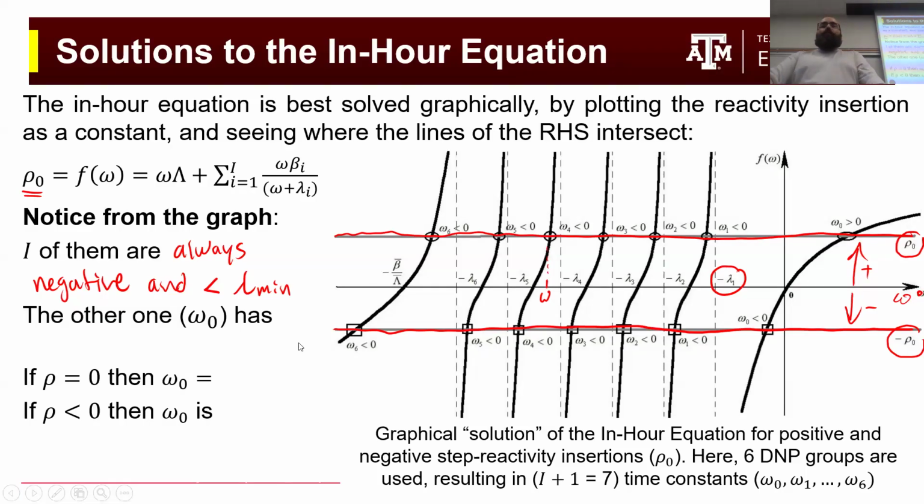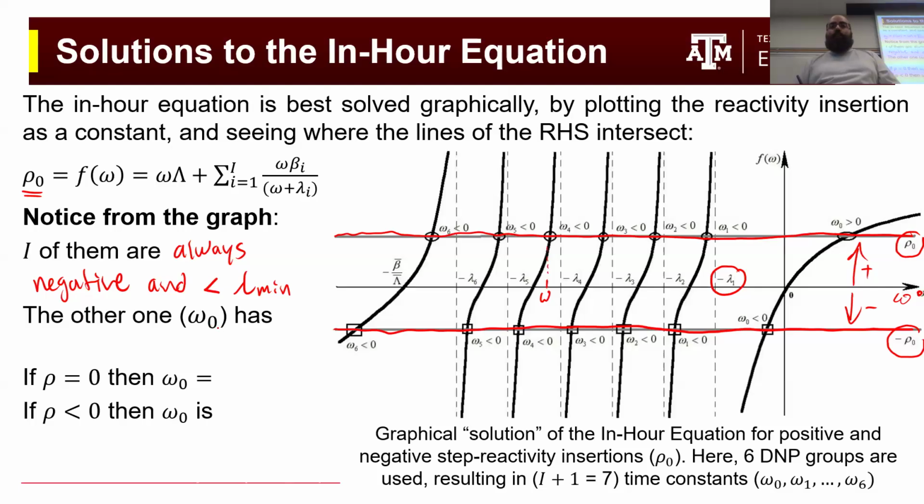And then there's always going to be one of them where, if rho zero is positive, then this time constant omega zero is going to be positive. If rho zero is negative, then this omega zero is going to be negative. But either way, this last time constant, omega zero, is always going to be the algebraically largest time constant, and it's always going to have the same sign as the reactivity insertion.